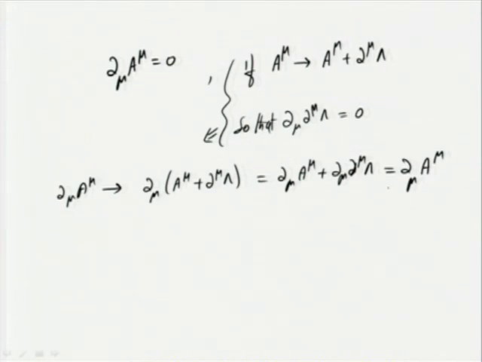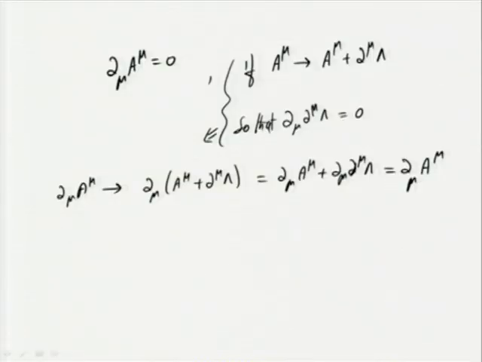So, after fixing A mu so that the 4 divergence is equal to 0, there is still some arbitrariness in that, and that arbitrariness is that we can again add a dou mu lambda, so that dou mu dou mu lambda is equal to 0, without changing the electric and magnetic fields.